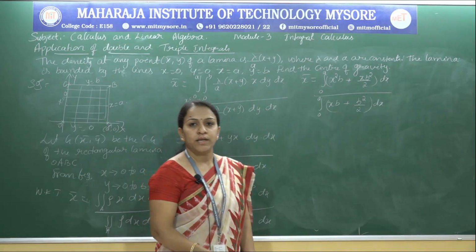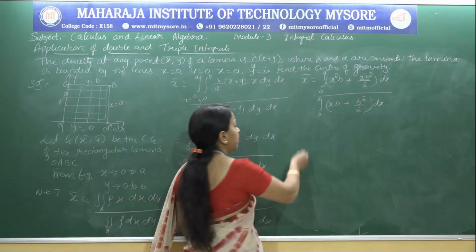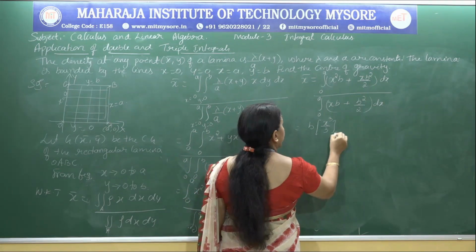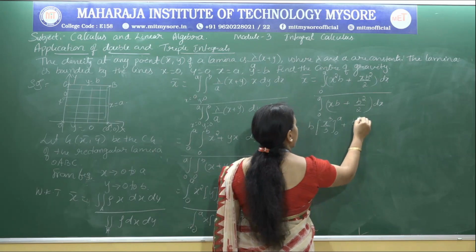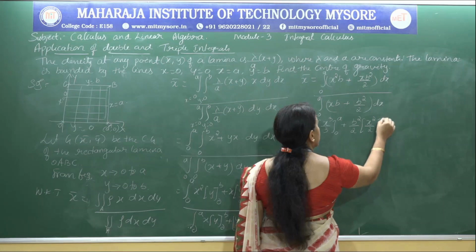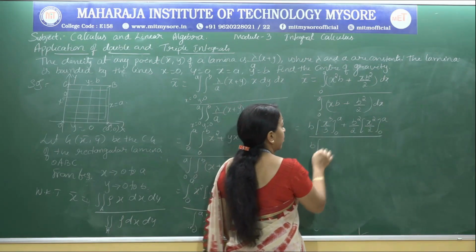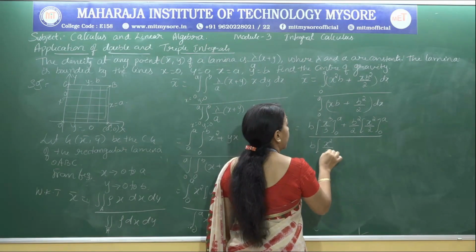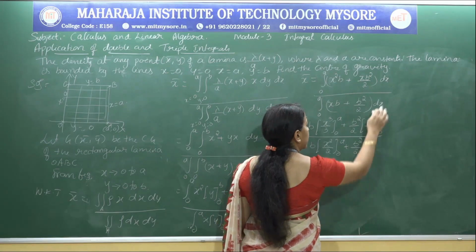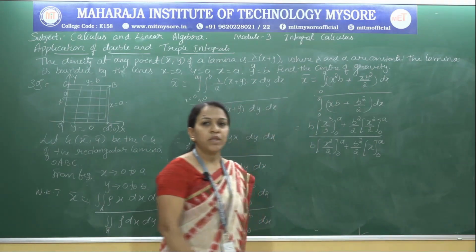Now, we are left with only the x variable and of course constants. Integrate with respect to x, that is b constant, x square, integration x cube by 3 between the limits 0 to a, plus b square by 2 constant, integral of x is x square by 2 between the limits 0 to a, whole divided by b constant, integral of x is x square by 2 between the limits 0 to a, plus b square by 2 constant, integral of dx is x between the limits 0 to a.